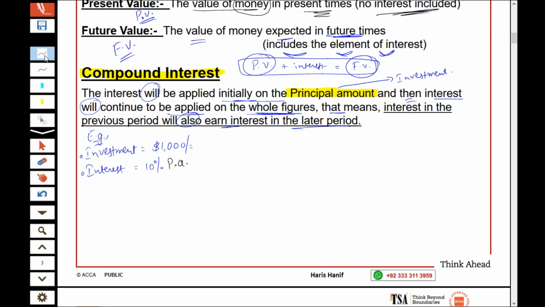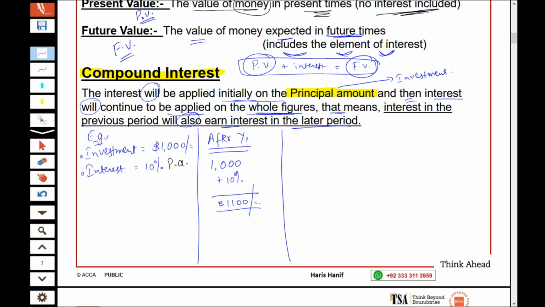After year one, I will have 1,000 plus 10%. It would become a total of 1,100. This will be my worth of money after 1 year.